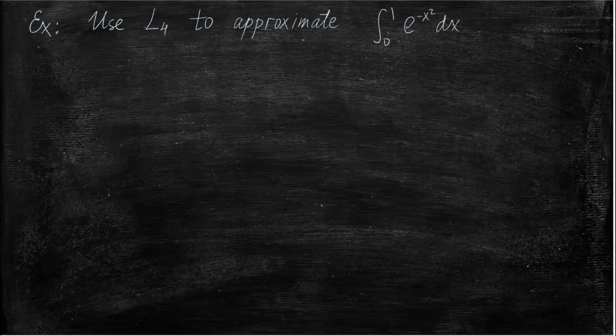So how do we interpret this question based on what we already know? L4 means we're going to be using the left endpoint approximation. 4 refers to the number of intervals, and everything else is pretty much given. To make sense of this problem, we're going to draw this picture.